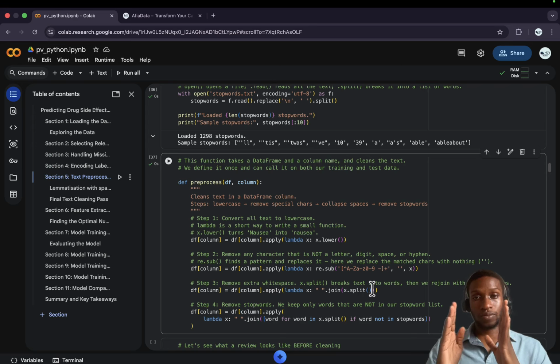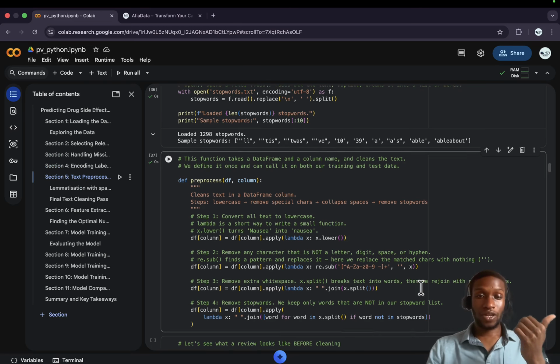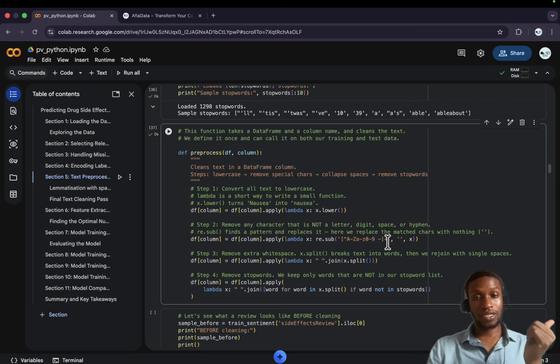We need to clean it by removing stop words, removing numbers, and doing lemmatization. So for us to do that, we create a function. We call it preprocess, which basically takes a data frame, takes a column, and runs that function within that column. As simple as that. This is a very important step because it prepares our data for cleaning.